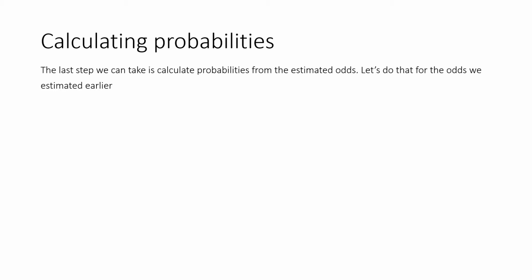So let's transform the odds that we estimated earlier, the 2.42, to a probability. We can calculate the probability by taking the odds and dividing it by 1 plus the odds. So in our case, that is 2.42 divided by 1 plus 2.42, and that equals 0.71.